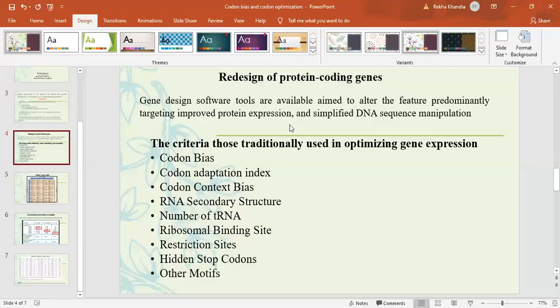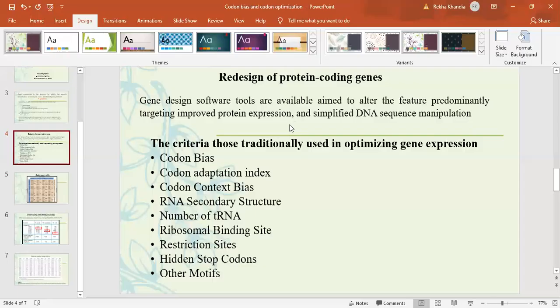Then what is codon context bias? As we all know, the eukaryotic genome is of very large size, and it contains various chromosomes also. So if we see either the rat genome, human genome, gorilla or chimpanzee genome, within a gene also codon bias varies, as well as within chromosomes the degree of codon bias is different.